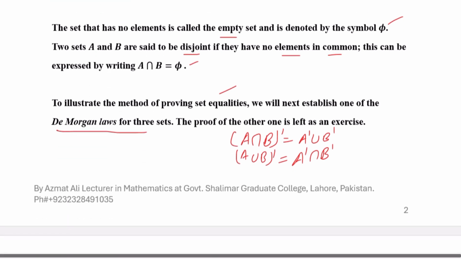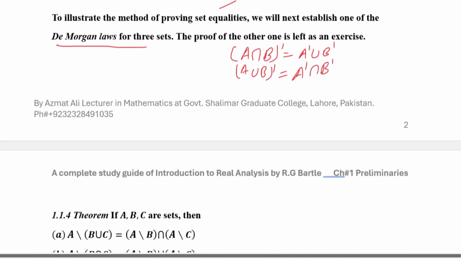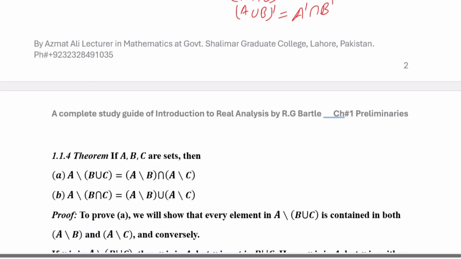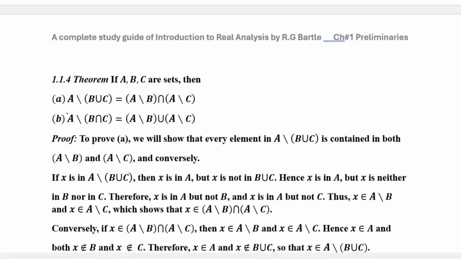But in this book we are going to discuss De Morgan's law for three sets. These are the two parts of De Morgan's law for three sets. I am discussing here only the first part, and the second one is for your exercise.